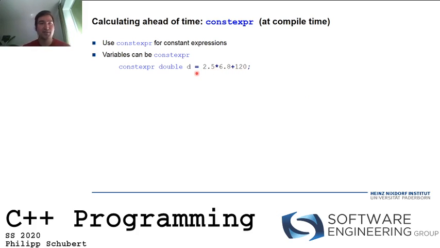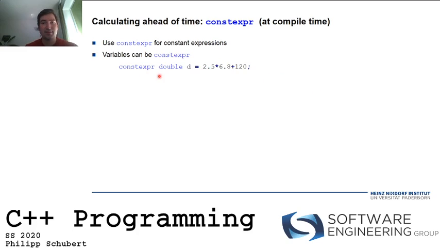I mean just integer or real number literals, floating point literals. So that means the computation does not depend on any unknown stuff. So this expression could also be evaluated at compile time.